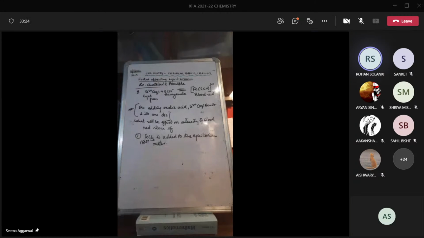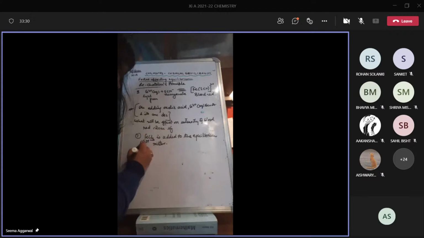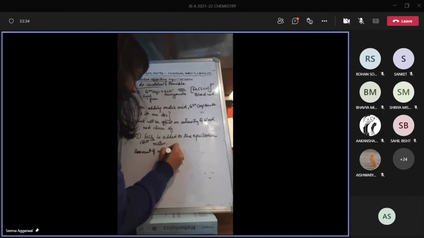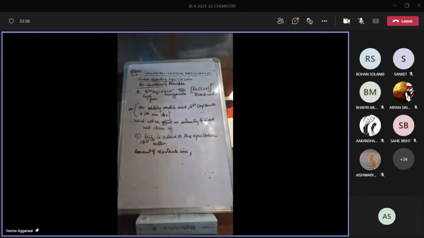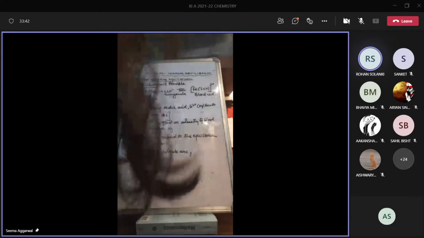किसका अमाउंट? Reactants का. Okay, so amount of reactant increases. First point, very good. Then in which direction reaction will proceed? Forward or backward? Forward. Okay.